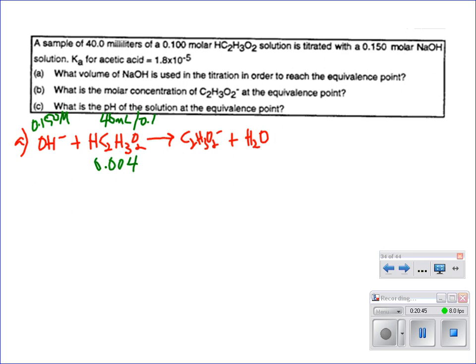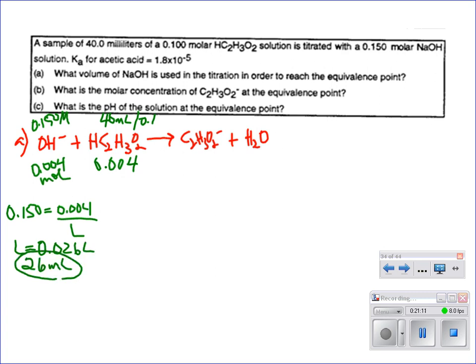So to be at the equivalence point, I need 0.004 moles here as well, right? Well, I know the molarity is 0.150. Molarity is moles over liters. So how many liters do I need to do this? Say it again. 0.026 liters, which is the same as 26 milliliters. Okay, so that's the answer to A.